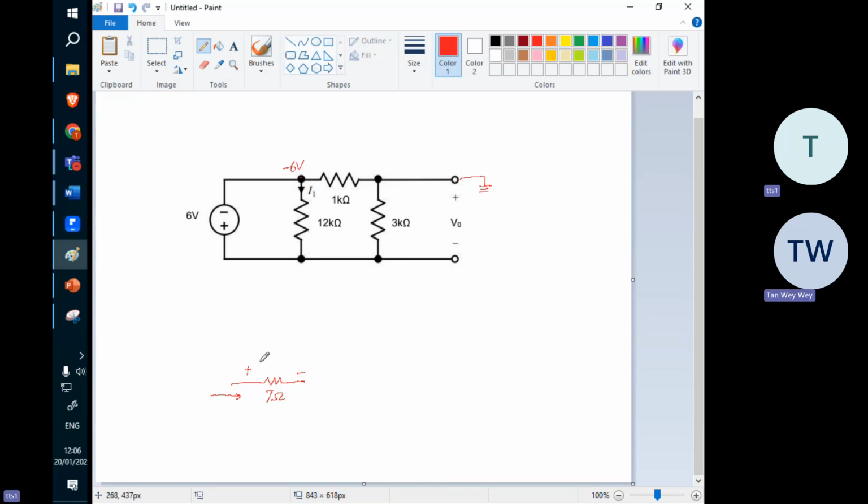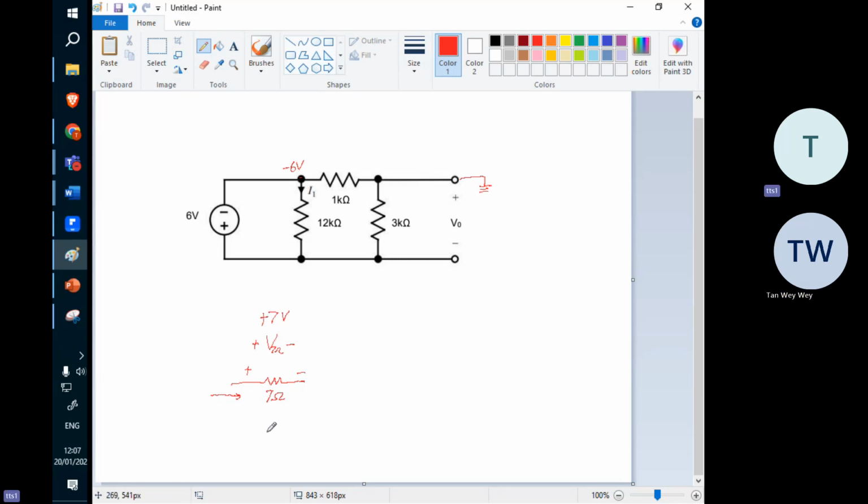So if you measure the voltage here, let's say you put a V7 ohm here, positive and negative here, and then your measurement comes to positive 7 volt.